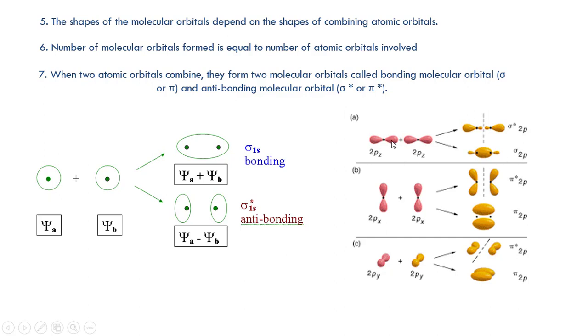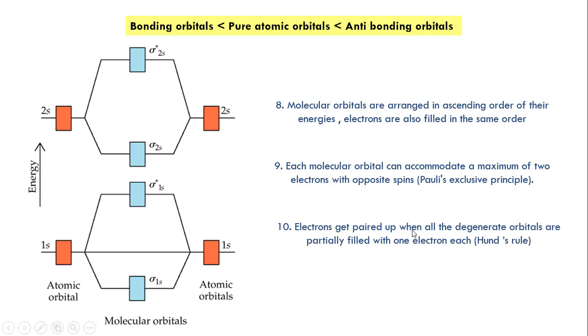Why? Because in the horizontal overlapping only these two lobes are participating, but here the two lobes of each atom are combining, each atomic orbital is combining.